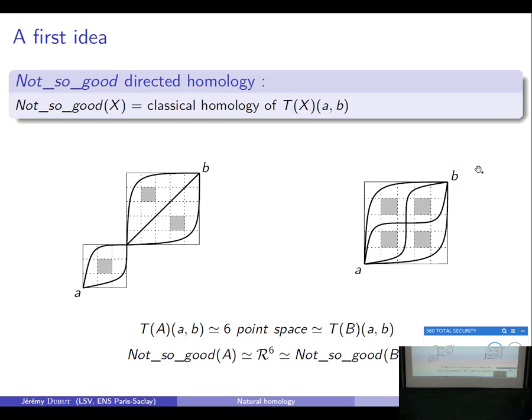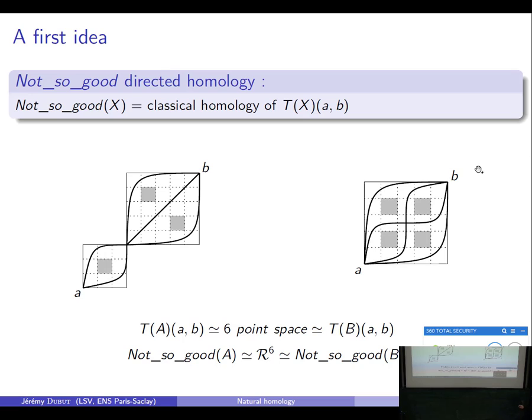The problem is that in concurrency, we know that considering only maximal execution is not precise enough to distinguish systems. What we do in concurrency is looking at all the possible executions, even the partial ones, and look at how they evolve with time. And we do exactly the same here.